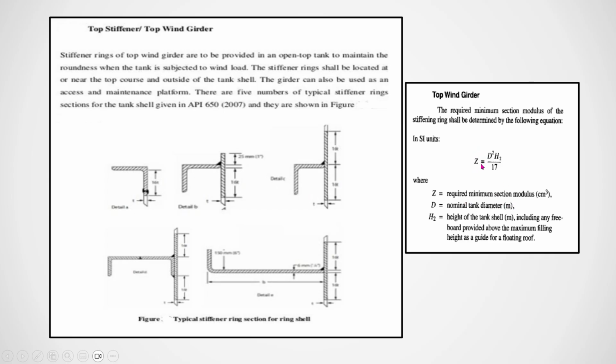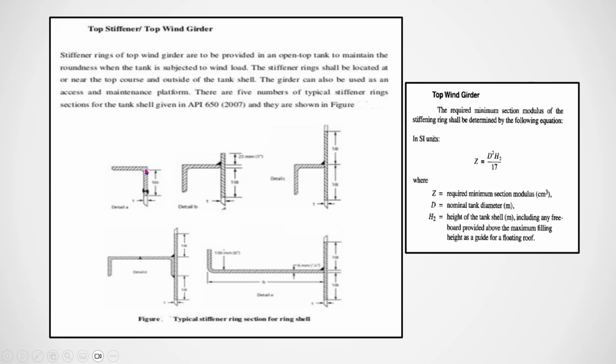From the section modulus, there are a lot of sections available, and there you can select whether it will be a C channel or an angle. If you get this value, you have to compare it with the available chart of API 650. For this particular section modulus, it will give you the shape of your section.